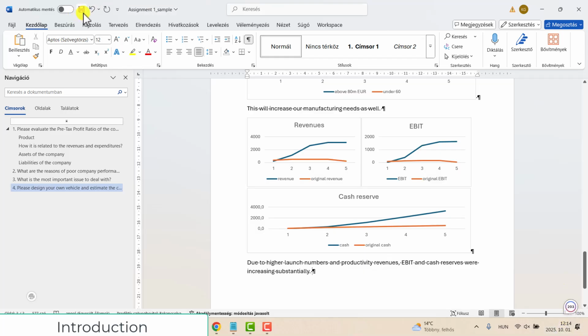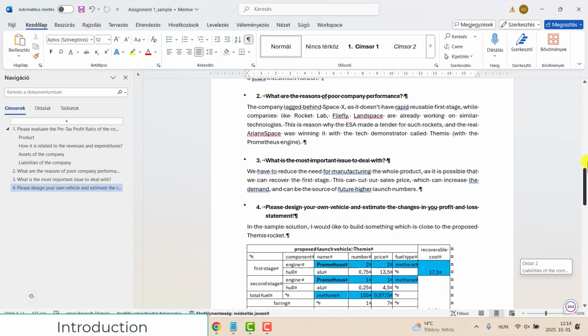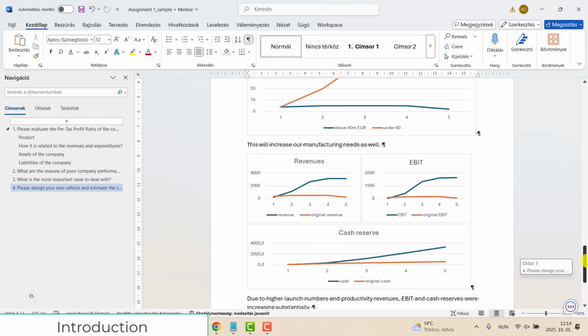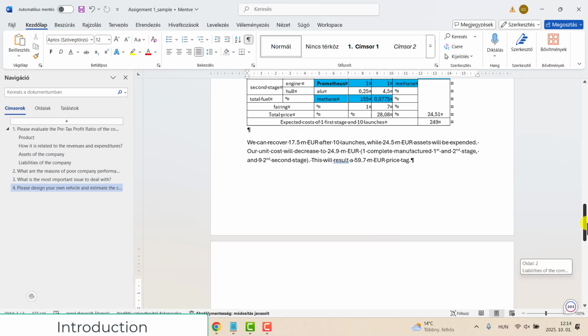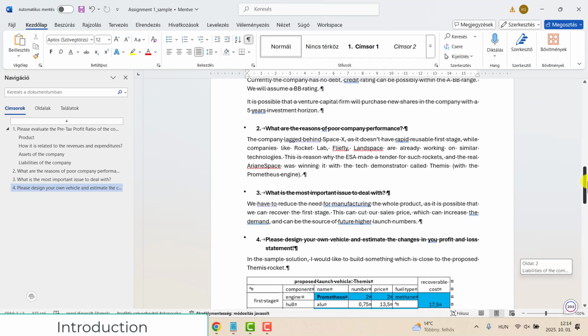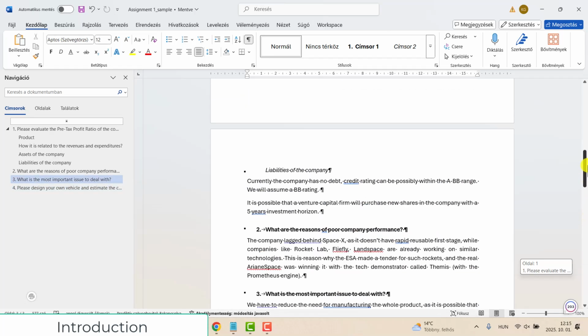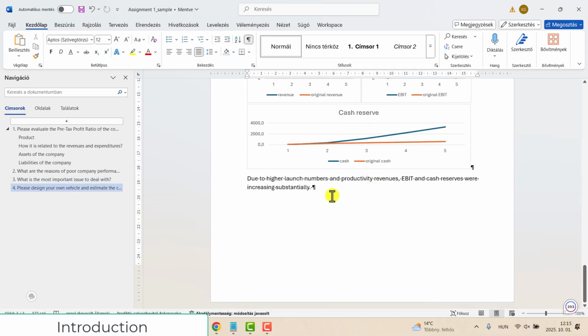Okay, do we have any other questions here? No, we were able to prove that, okay, questions are answered, profit was increasing, and also we have the new asset. But still we have further questions to answer.